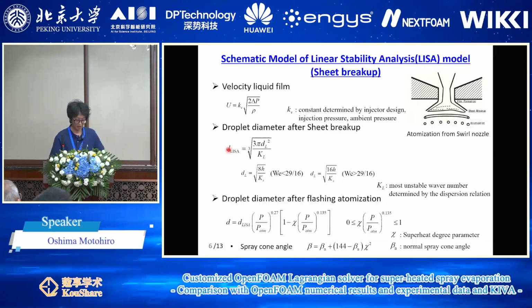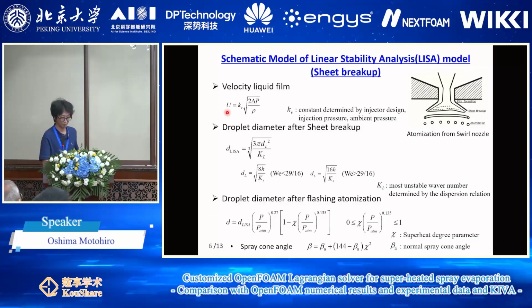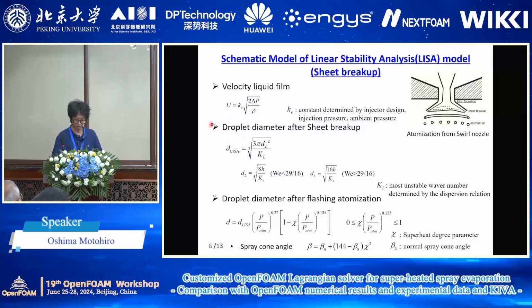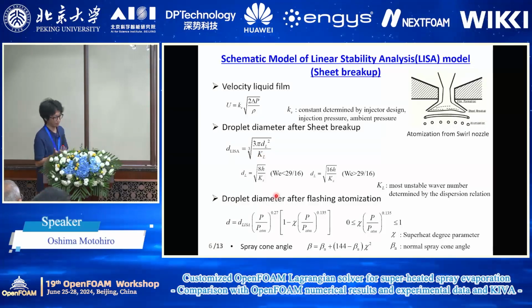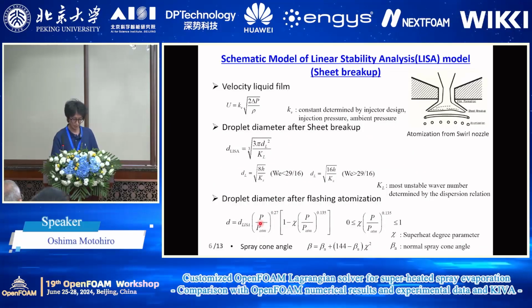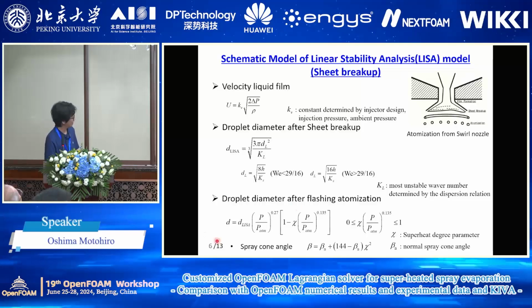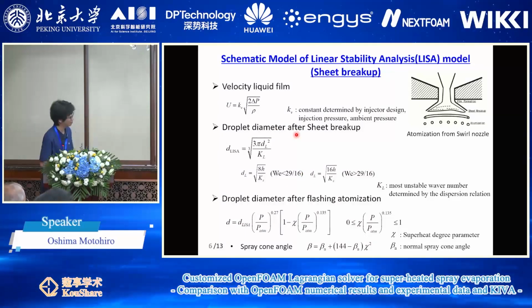The droplet diameter after sheet breakup is calculated by this equation, and the droplet diameter after flashing atomization is calculated by this equation using the droplet diameter after sheet breakup.